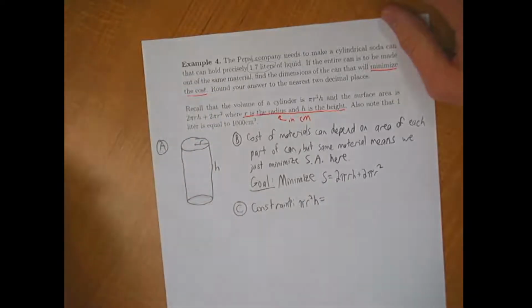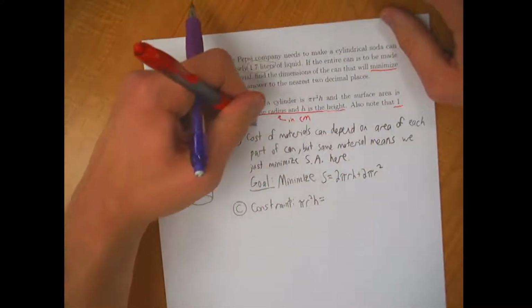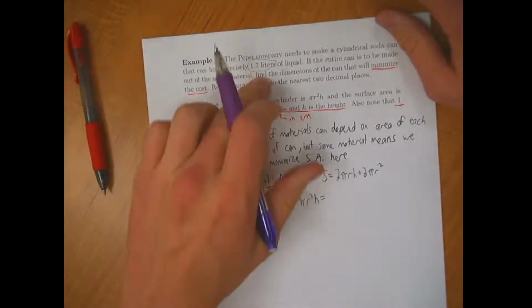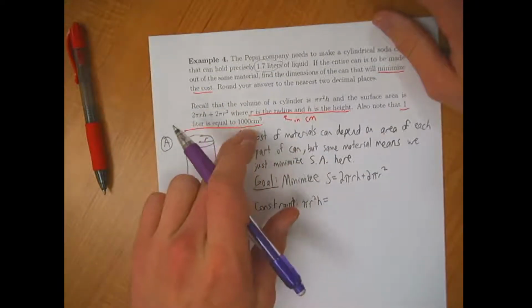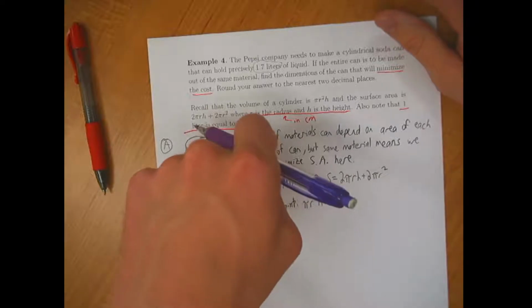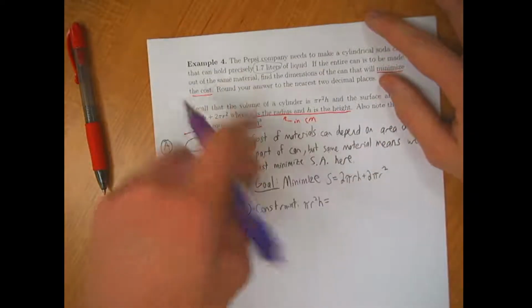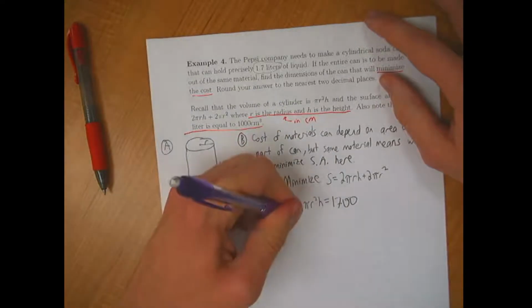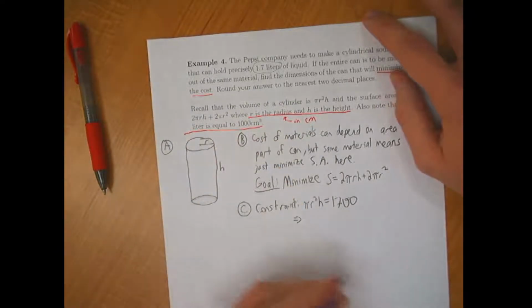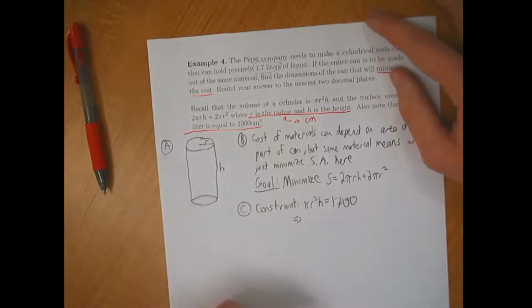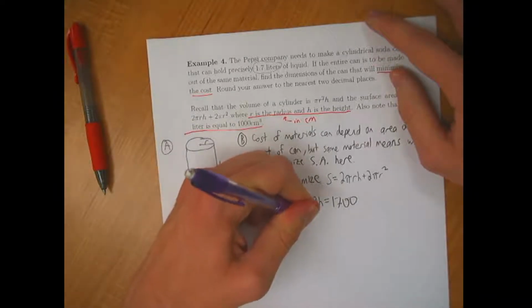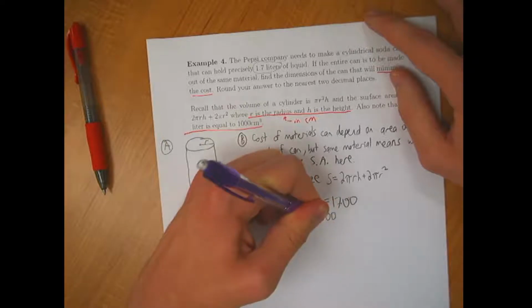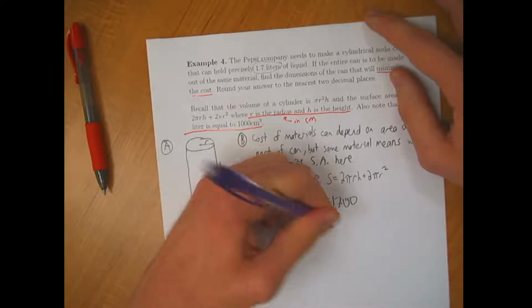So using this part of the problem, 1.7 liters equals how many cubic centimeters? 1700. Yep, 1700. Good. Okay. So then, using similar reasoning as the past two examples, in terms of solving for h, we get 1700 over pi r squared. Okay?